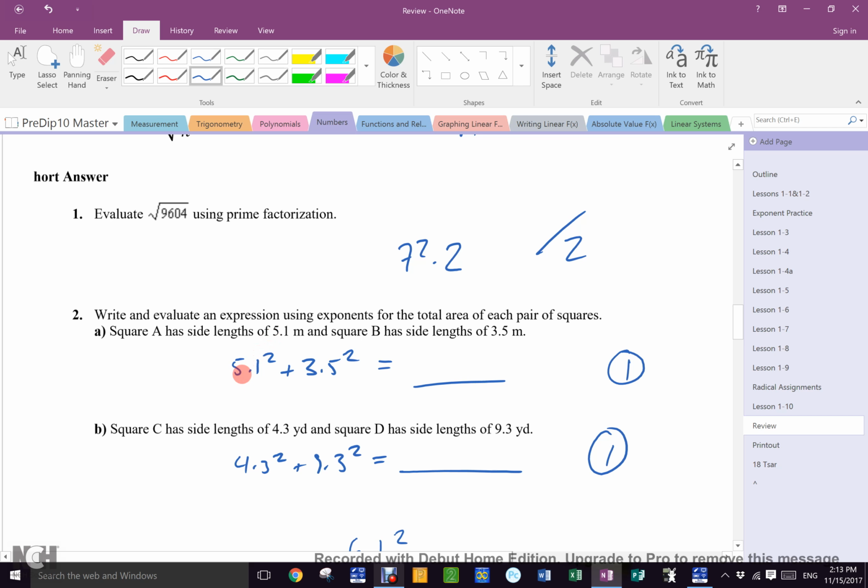Yeah, square A is 5.1 squared. Yeah, 5.1 squared gets me the area of square A. Write and evaluate an expression using exponents for the total area of each pair of squares. So it says right there.